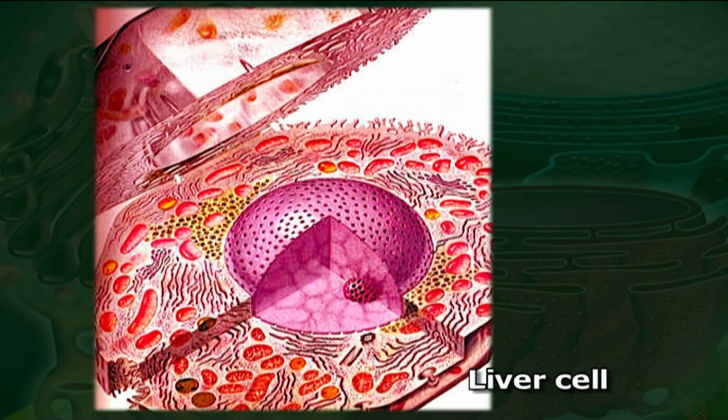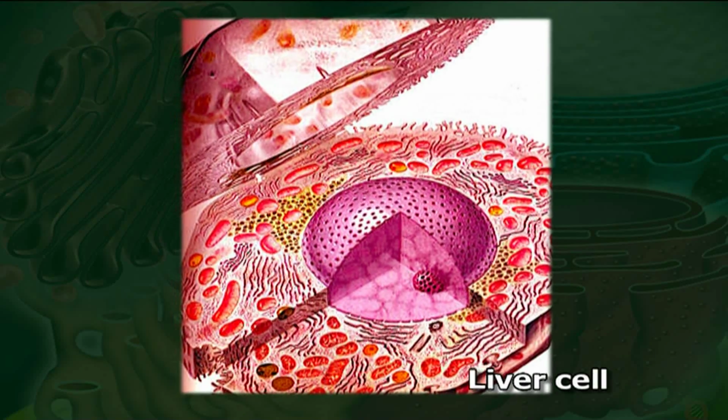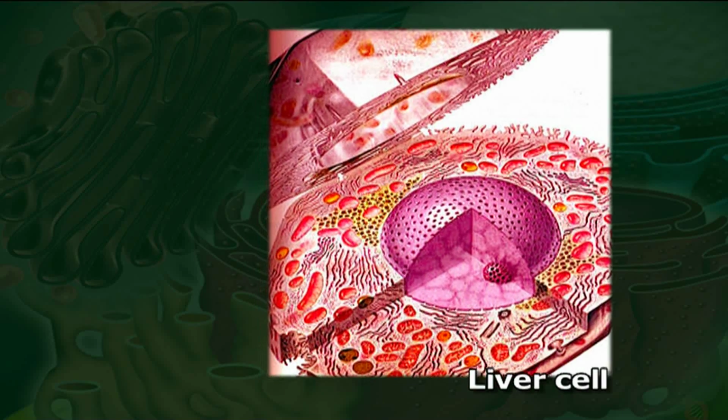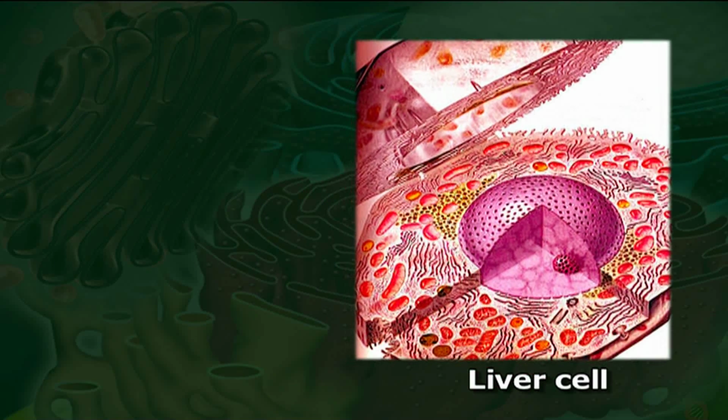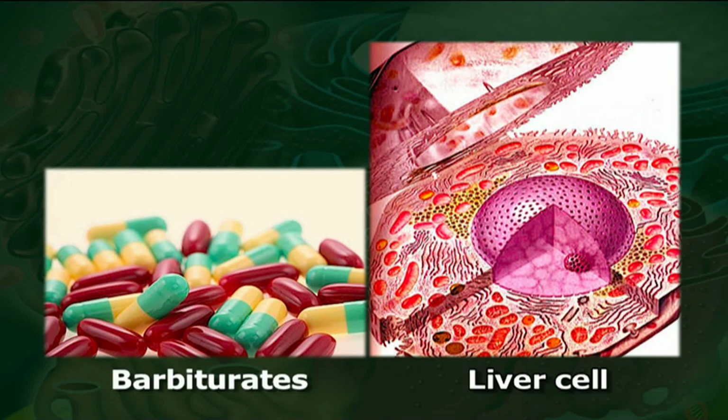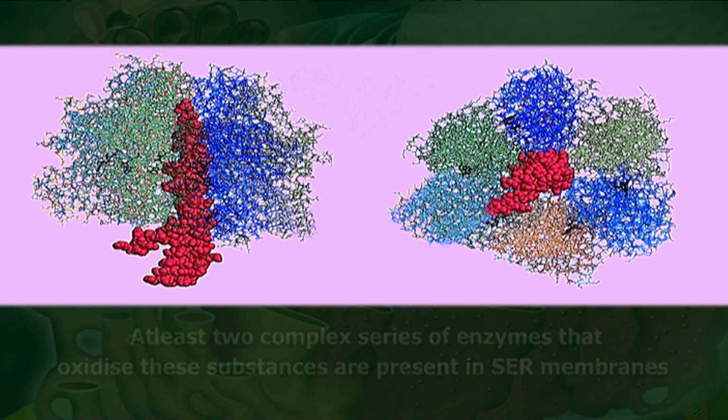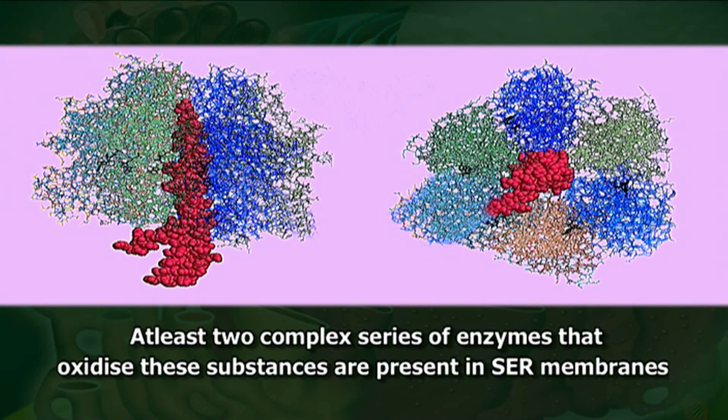In the liver, the SER is specialized for the detoxification of a wide variety of organic molecules, including barbiturates. At least two complex series of enzymes that oxidize these substances are present in SER membranes.